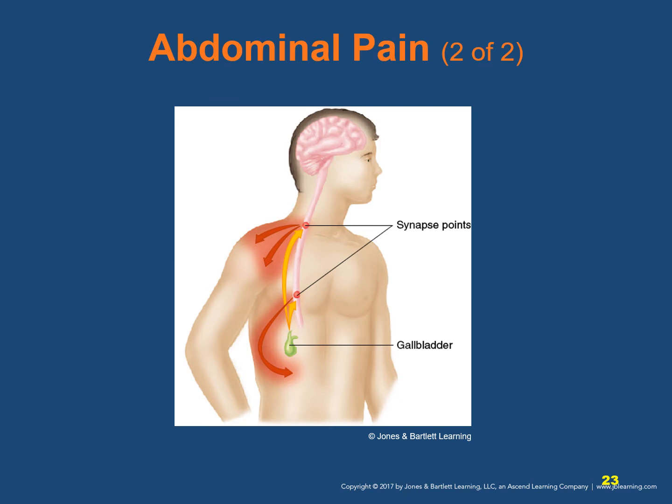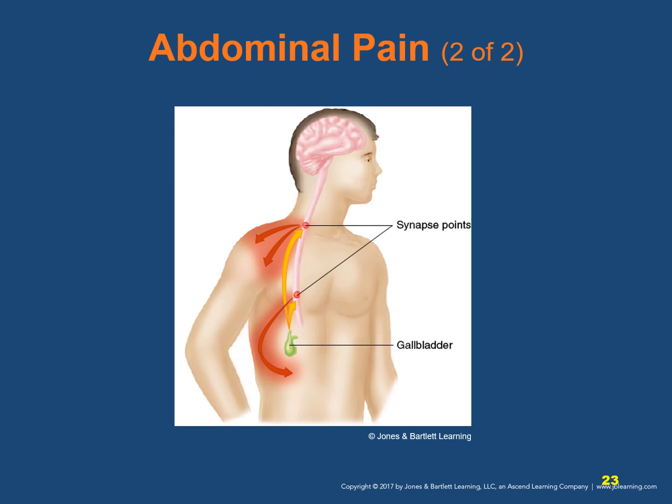And at this point, there are nerves that branch off into the right arm. If you travel farther down, when you get to the very bottom of the thoracic spine, near the bottom, you come to another synapse point. And that's the nerve that is responsible for sending and receiving signals for the gallbladder.